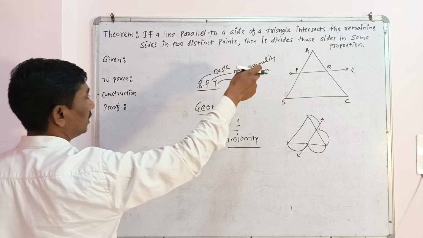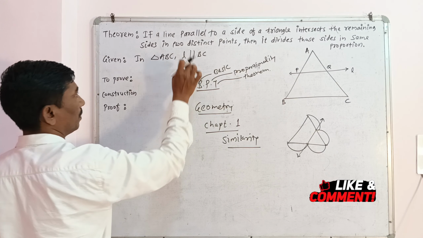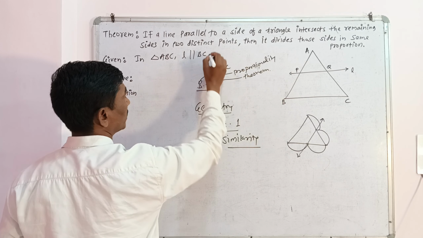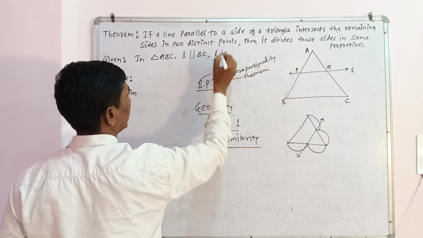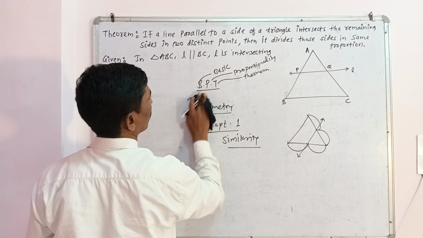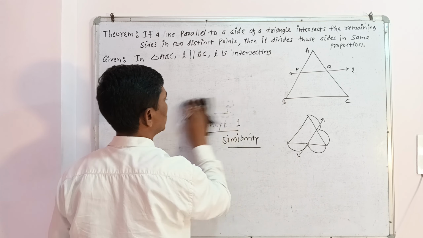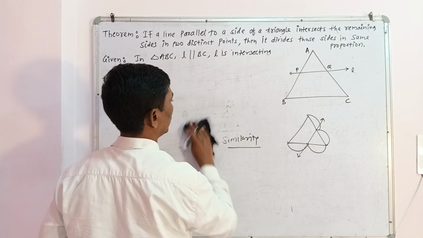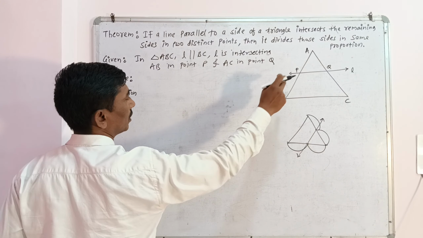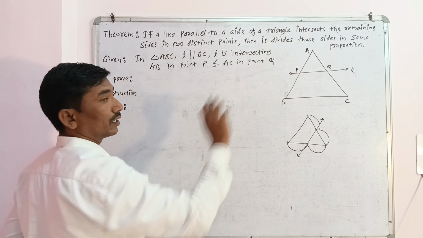In triangle ABC, line L is parallel to one of the sides of the triangle, that is side BC, and line L is intersecting the other two sides at two distinct points, that is AB at point P and AC at point Q. So whatever there is in the diagram I have written in the given section.